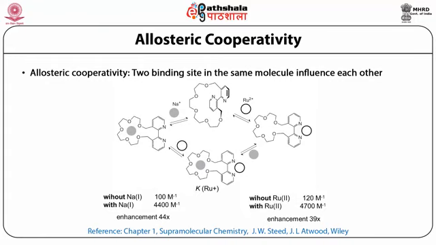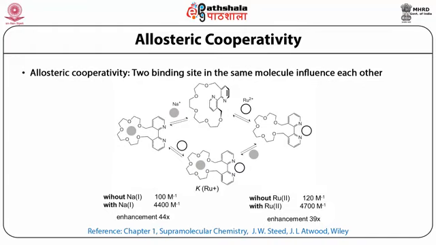In one case, the left side of the molecule, you see that first the gray circle, sodium plus, attaches and forms a crown ether non-covalent complex, and then in the next step the ruthenium binds to those nitrogens and forms the completely bound state. We can also have the other scenario where ruthenium is added first and gets bound to those nitrogens, followed by addition of sodium, which then binds to the crown ether complex.